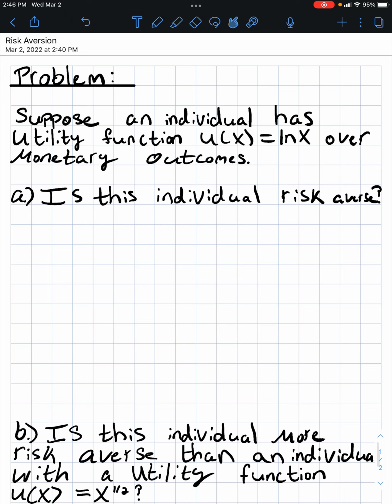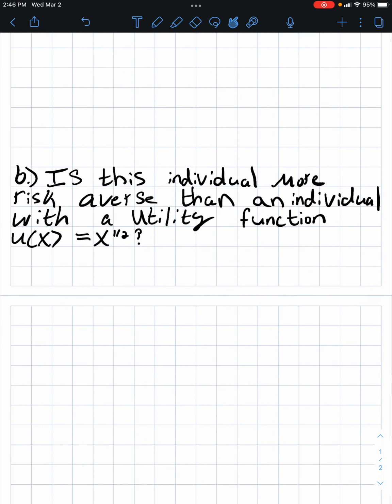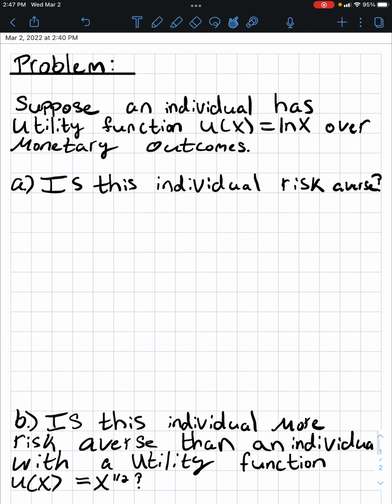Part A. Is this individual risk averse? Part B. Is this individual more risk averse than an individual with the utility function u of x is equal to x to the 1/2? Now pause this video, take a few minutes, and solve this problem.